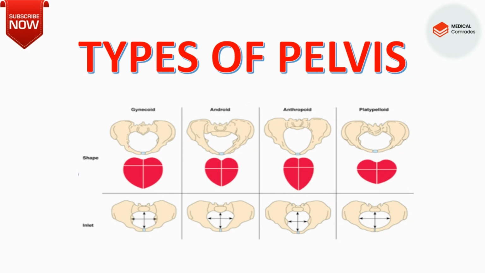Here you can see in the first slide, in the introduction itself, it is heart shape, it is oval shape, it is kidney shape. We will study this in the next slide in detail.